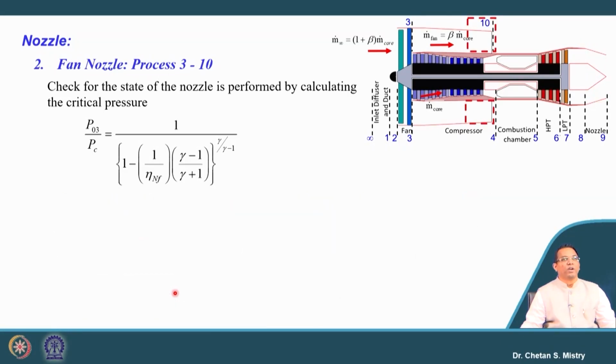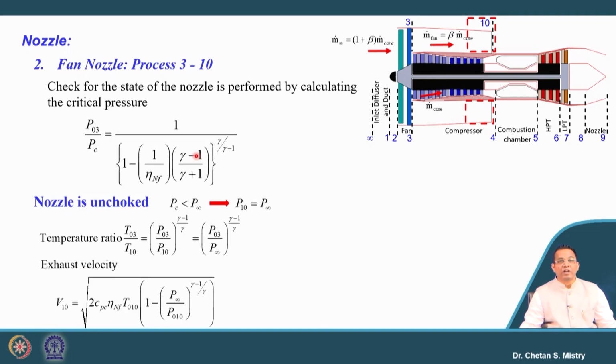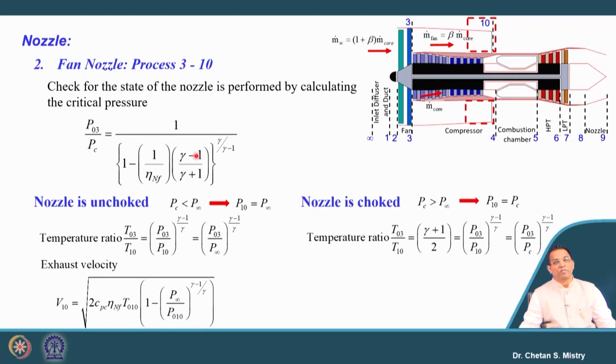Now, for the fan we can write down a similar equation. Here this critical pressure ratio is P03 by Pc. Similarly, this will be my nozzle efficiency for the fan, and specific heat ratio is gamma here, not gamma suffix h. So, we will be doing our comparison, and based on that we will calculate the exit pressure and exit temperature.